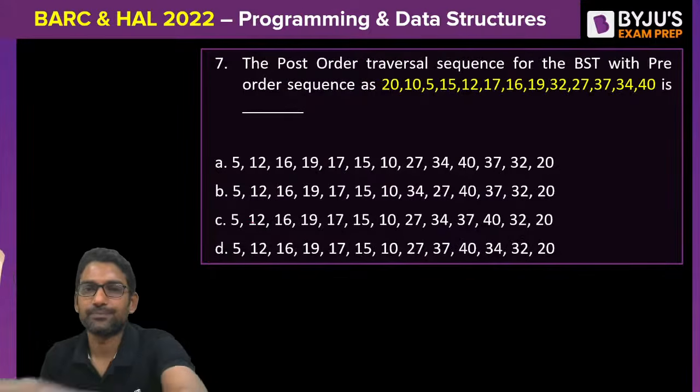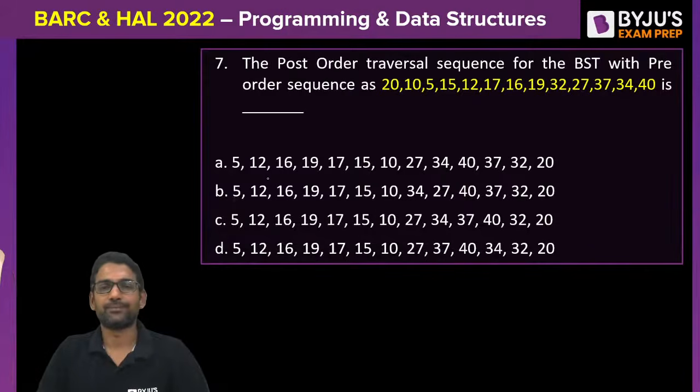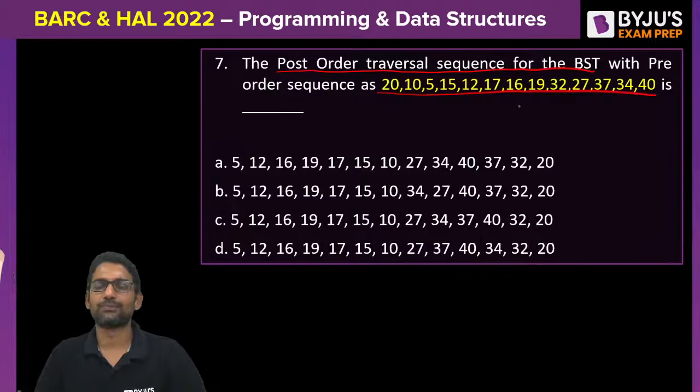Next question. Question number 7. The post-order traversal sequence for the BST with the given pre-order sequence is dash.